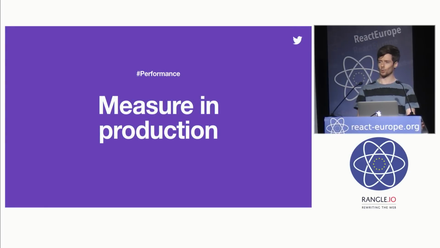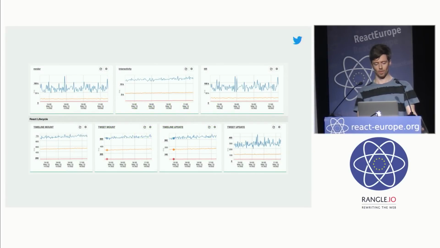So one of the most important tools that we have for performance engineering is actually measuring timings in production. This is the only way we can really get visibility into how the diversity of devices and network types impact the speed of the overall user experience. So we record timings for render, initial interactivity, when the first tweet was rendered, as well as estimates for the mount and update times of some of our key React components, like the timeline and the tweet.